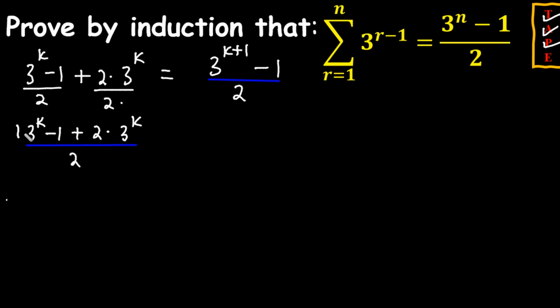And it is clear that we have 1 times 3 to the power k and 2 times 3 to the power k. What does that mean? I'm going to add the like terms. So I'm going to add just the coefficients, okay? And 1 plus 2, that is 3 times 3 to the power k minus 1, everything is divided by 2. Sorry, this is a 3.